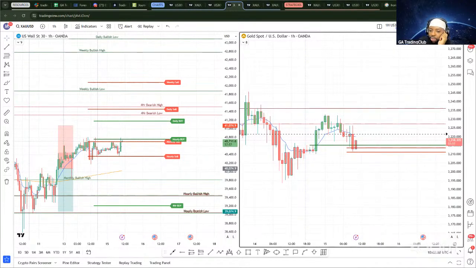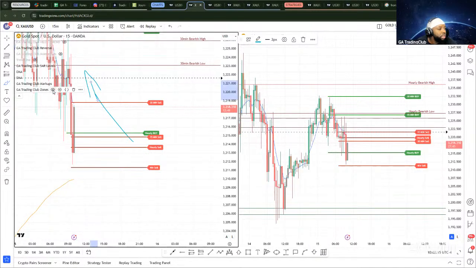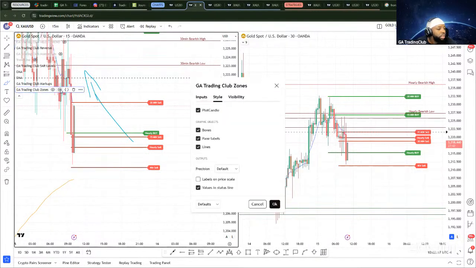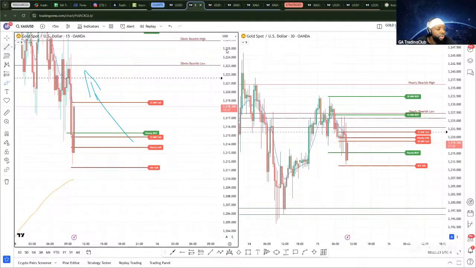We have an overlap in zones, so never mind. So in this area where I'm looking to take the gold entry, we do have an overlap of zones.